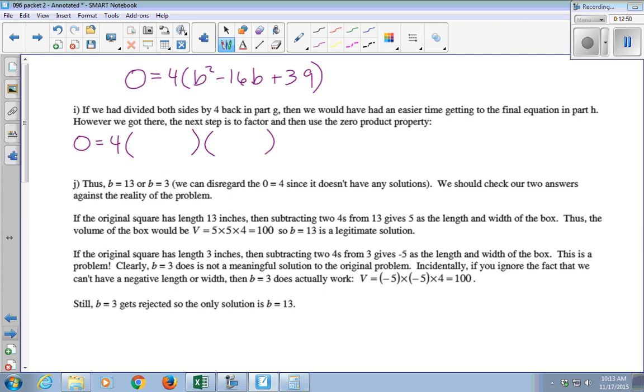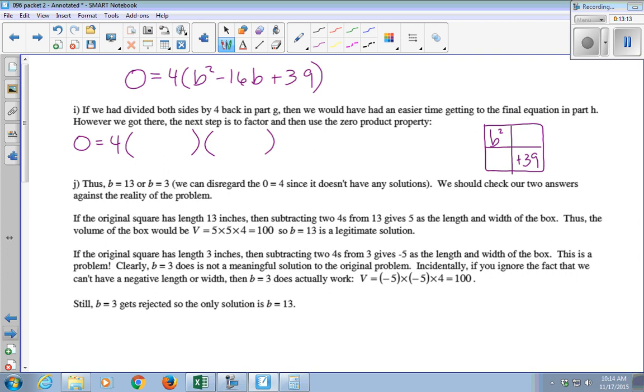So you can make yourself a box, or you can do trial and error in your head, whichever way you'd like to do it. I'll make a box. Okay, so we always put the first term in the upper left, b squared, and the constant term in the lower right, and then you multiply them.